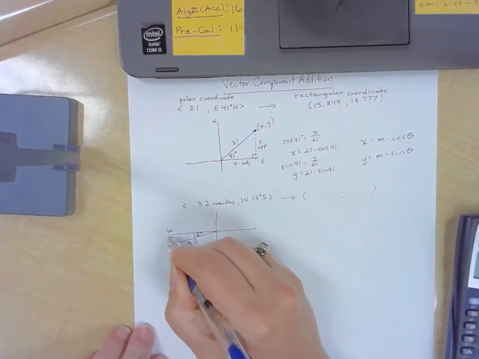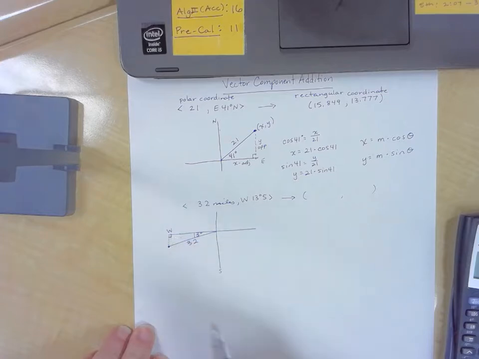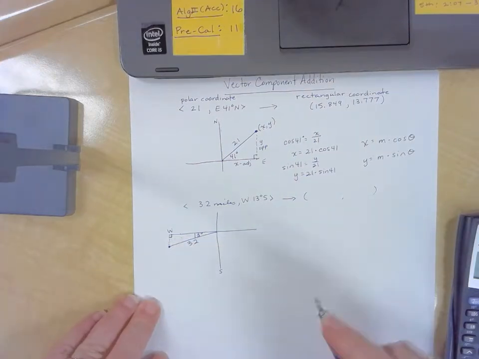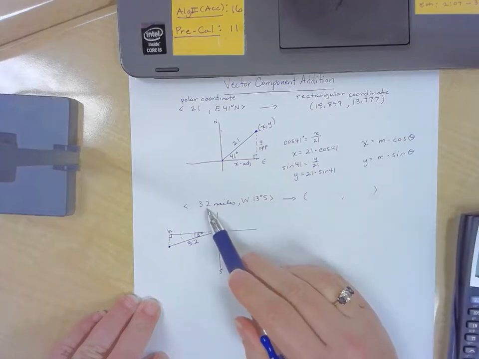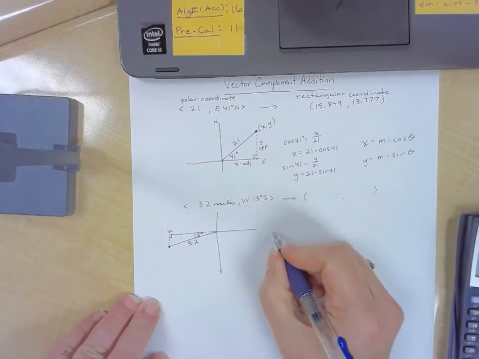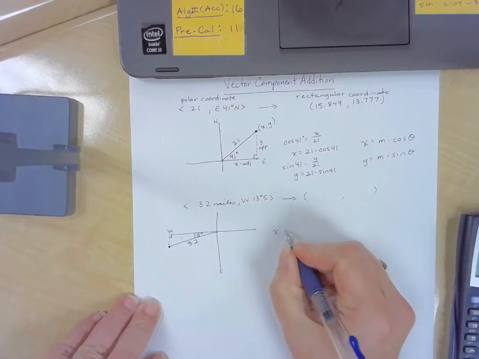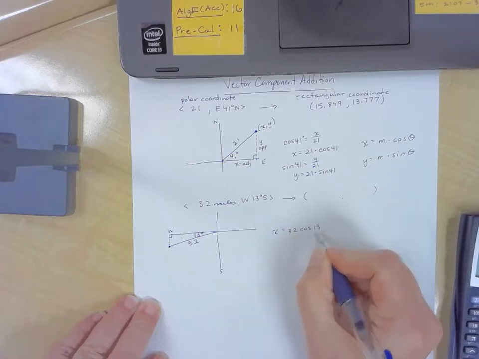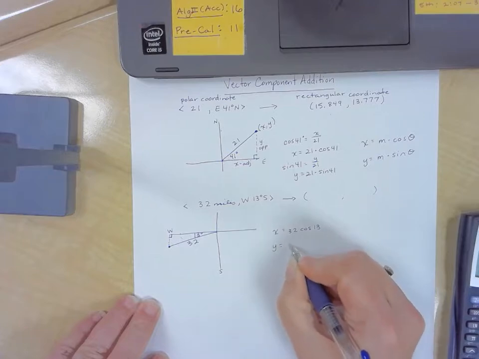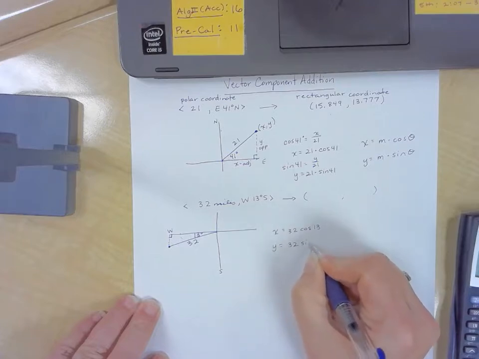So I'll take my perpendicular to the x-axis. I'm going to use these two general formulas right here, but with the information of 32 and 13. So the x-coordinate would be 32 times the cosine of 13, and the y-coordinate would be 32 times the sine of 13.